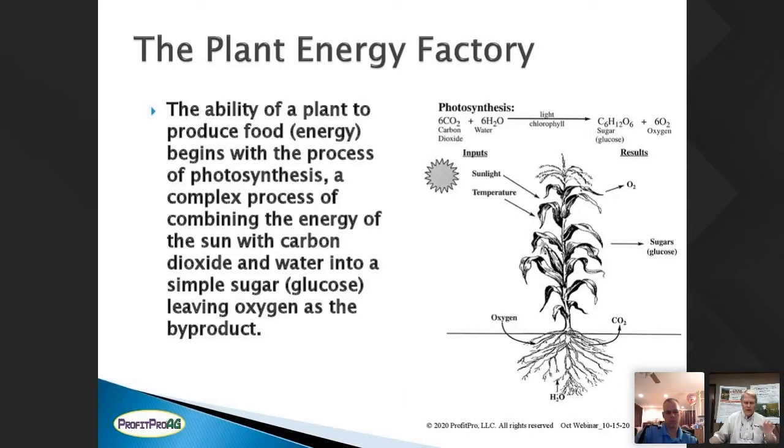And we have little openings there we call stomata. When the plant is actively growing, they open up and CO2 goes in. And then, of course, the chlorophyll in the plant is the green portion that traps the sunlight, and the whole thing then creates energy. So that's really the crux of crop production: the development of energy.